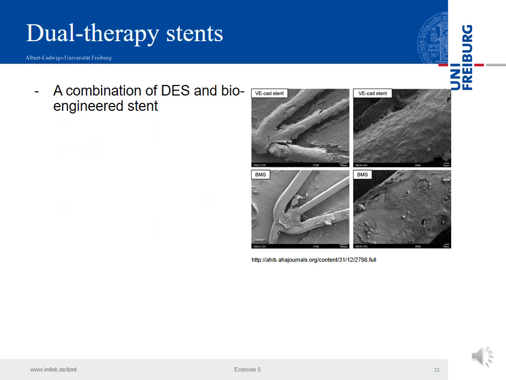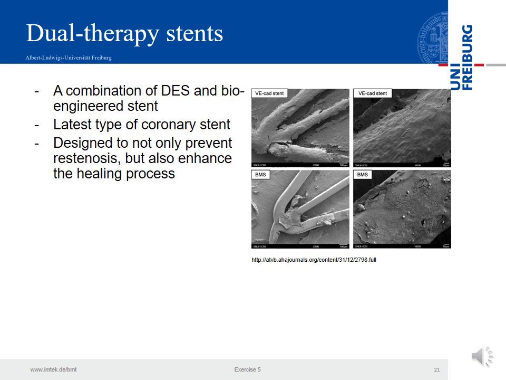Dual therapy stents are a combination then of drug-eluting and bioengineered. They are the latest type in development. They should enhance the healing process, prevent restenosis, and therefore, on one hand, cells are attracted and drugs are eluted.